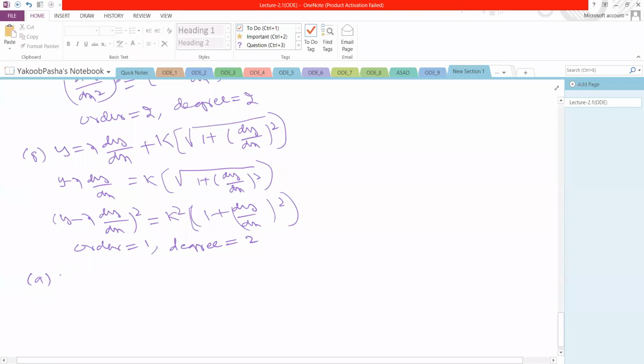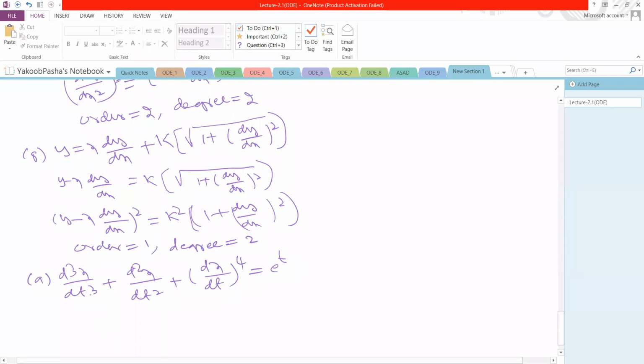d cube x by dt cube plus d square x by dt square plus dx by dt whole power 4 is equal to e power t.